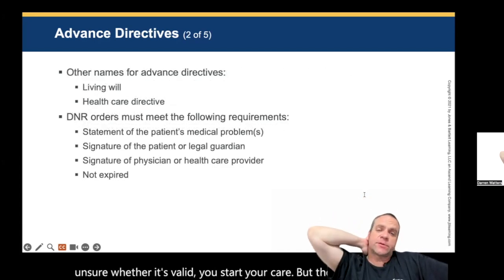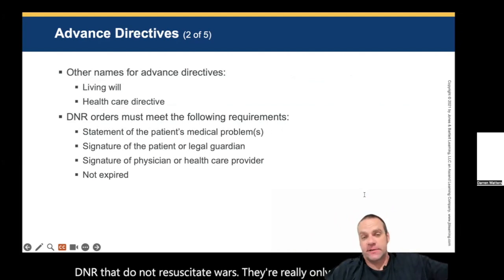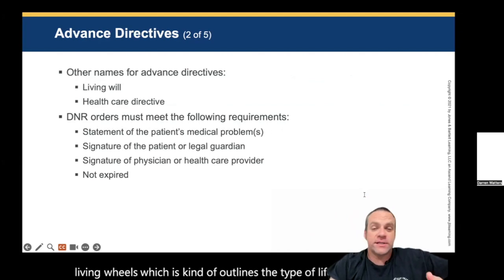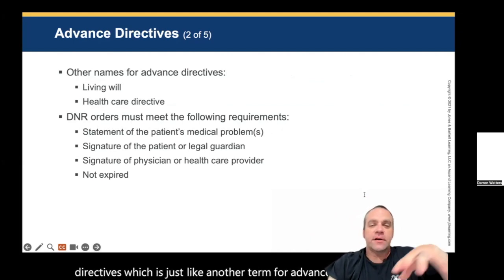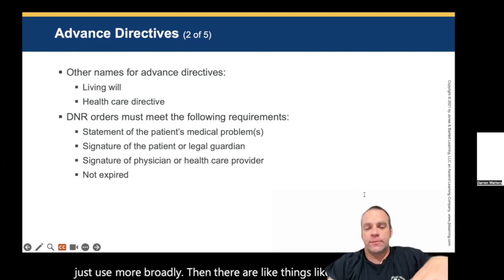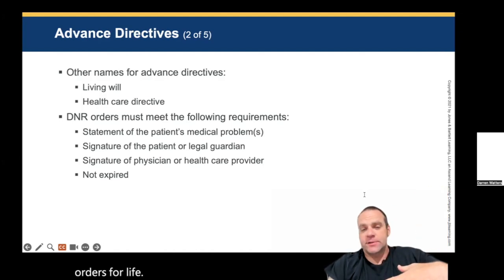DNRs are really only one form of what we call an advanced directive. There are others, such as living wills, which outline the type of life-sustaining treatment the patient wants or doesn't want. There are healthcare directives, which is another term for advanced directives, used more broadly. Then there are physician orders for life-sustaining treatment, or POLST, and medical orders for life-sustaining treatment, or MOLST.